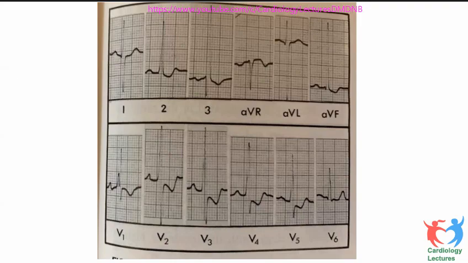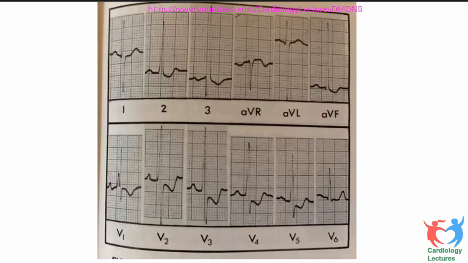Sir, axis is around, lead 1 is equiphasic. So axis is around right axis, sir, right axis deviation. No, it is not right axis. What is the axis required to tell something as right axis deviation? Sir, 2, 3 and AVF are positive and 1 is equiphasic.